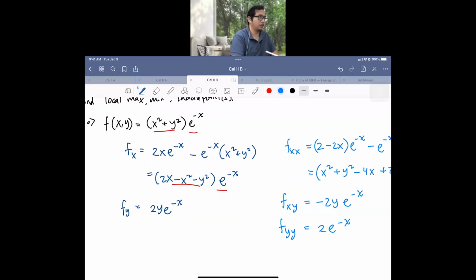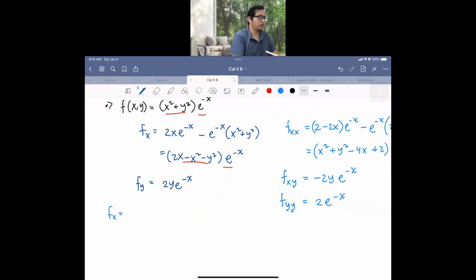Now if we set partial x equal to 0 and partial y equal to 0 to find our critical points, then we have 2x minus x squared minus y squared, and from 2y e to the negative x equals 0, we get y equals 0.